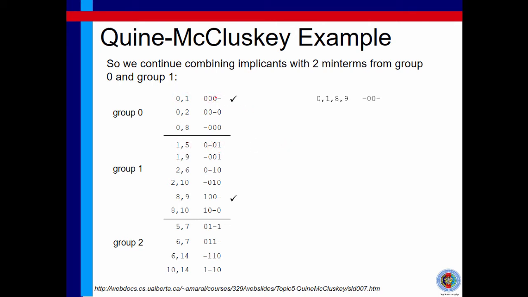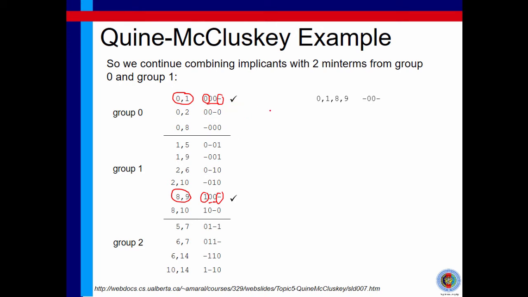Okay, for example, we fast forward to combining implicant 0,1 with implicant 8,9. Let us see the change in variable value. Variable D stays as dash, variable C stays 0, variable B stays 0, so only one change in variable A. So these two implicants can be combined.